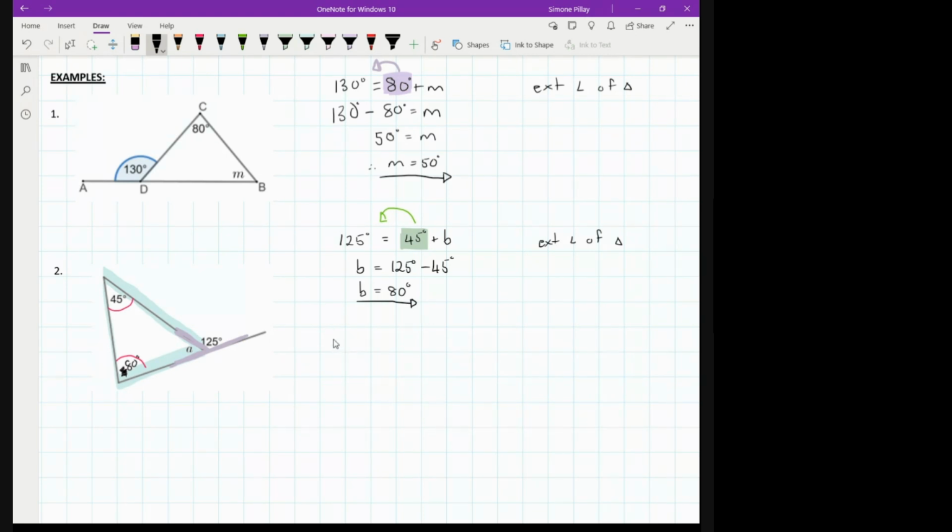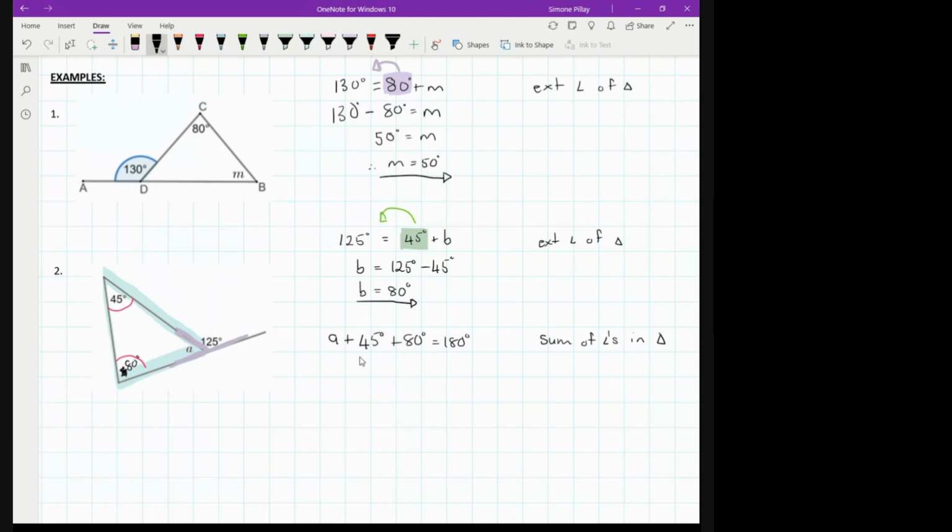It would be a plus 45 degrees plus 80 degrees equals 180 degrees. And the reason is sum of angles in a triangle.